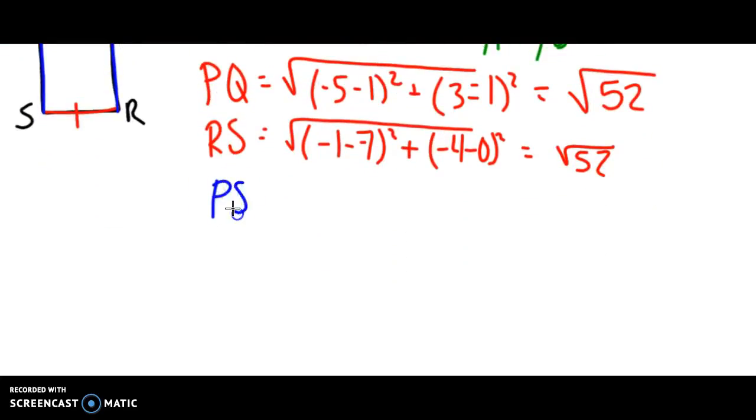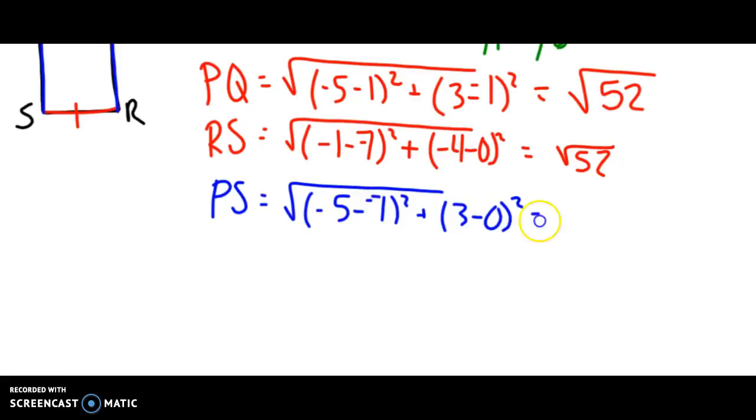So PS is going to be the length, negative 5 minus a negative 1 squared plus negative 7 squared, and then 3 minus 0 quantity squared.